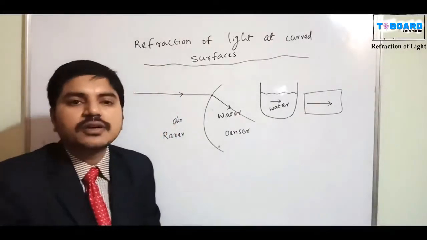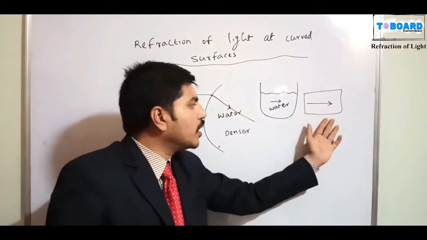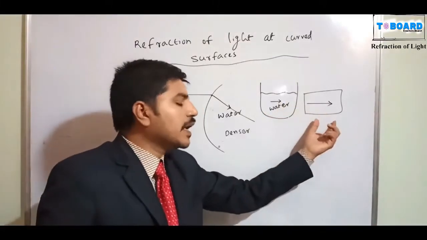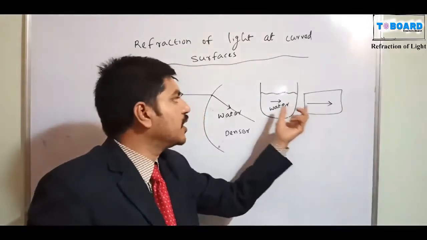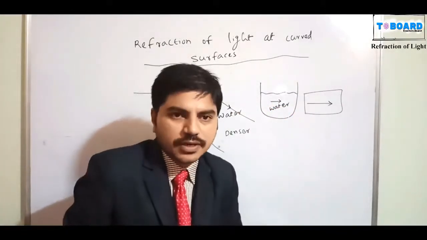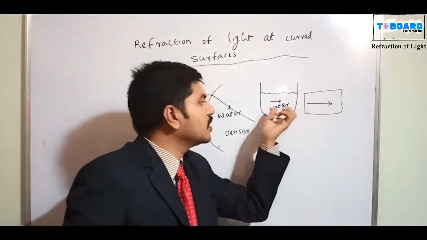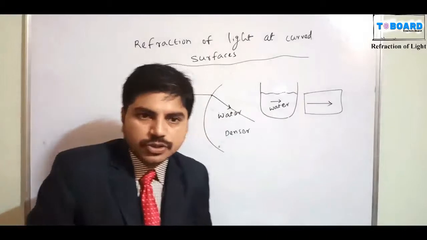What is the meaning of this? In the air it appears as one object, and inside the water it looks different. What is the difference between these two? The arrow was a bigger one, now it is a shorter one, right?